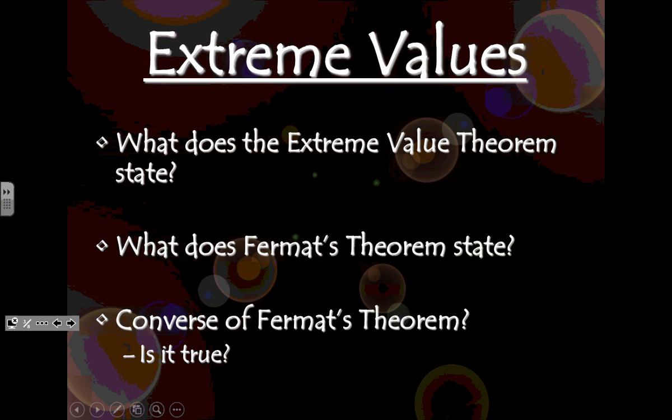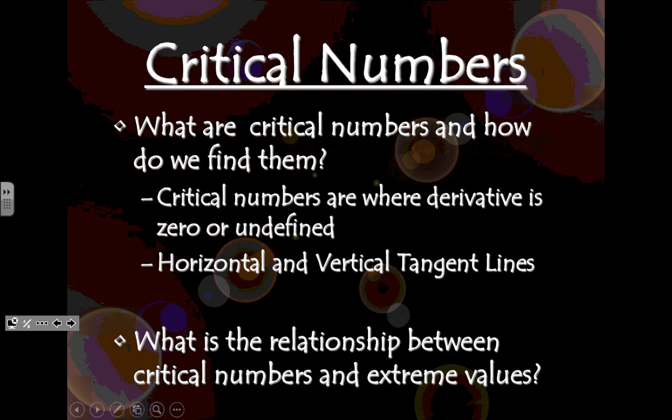Okay. But Fermat's theorem at least tells us inside on that interval, in the interior of that interval, if the maximums or minimums occur there, they're going to occur at what we call those critical numbers, which are going to be places where the derivative is 0 or undefined, which means your function would have either a horizontal tangent line there or a vertical tangent line there, or an abrupt change in slope or something weird going on like the absolute value function.